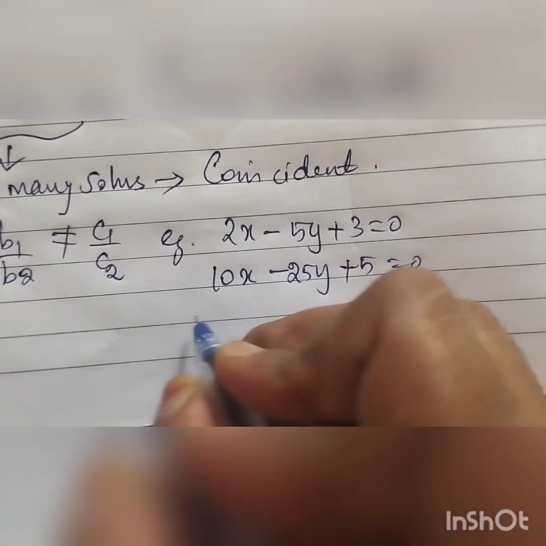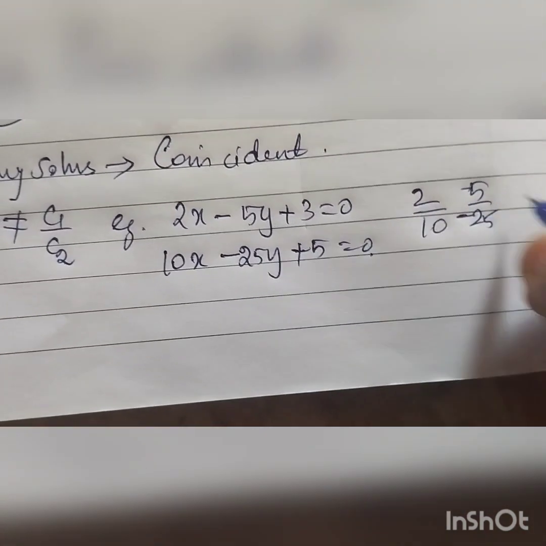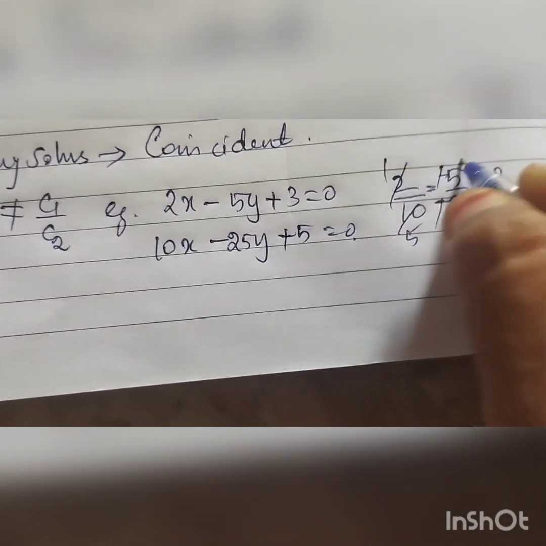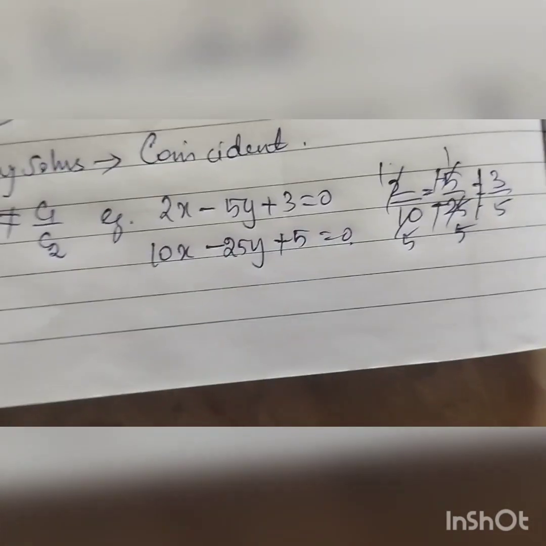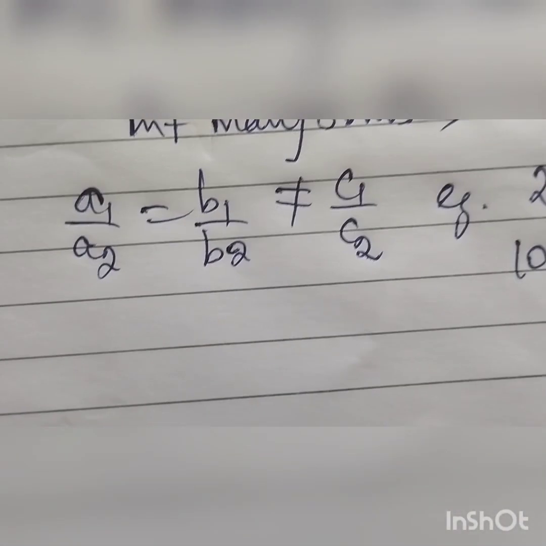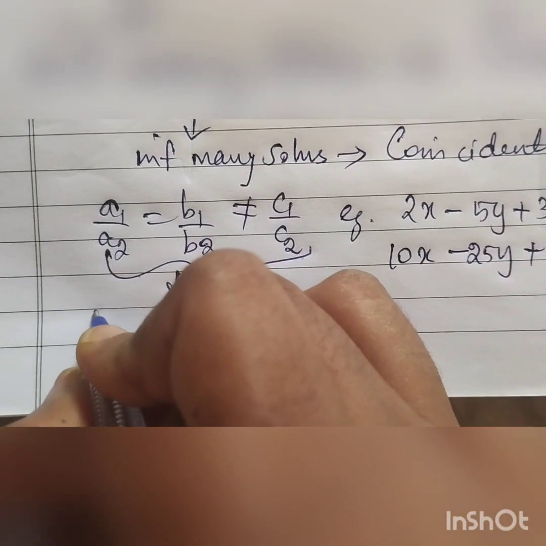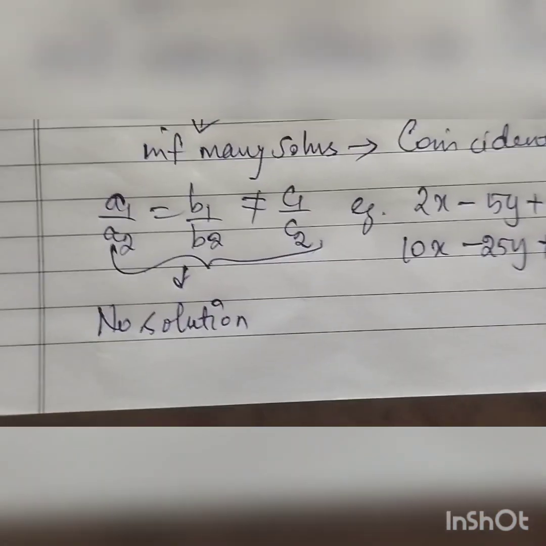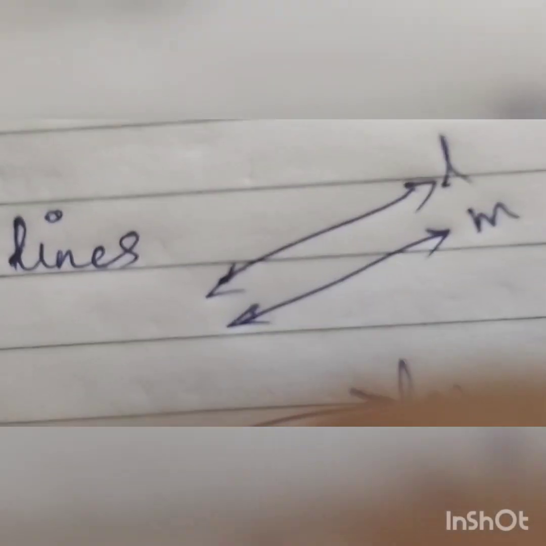Dividing, we get 2 by 10, which is 1 by 5, minus 5 by minus 25, which is 1 by 5, and 3 by 5. So 1 by 5 is equal to 1 by 5 but not equal to 3 by 5. The first two are equal but not equal to c1 by c2. Such ratios mean no solution, so the lines are parallel. It looks like this.